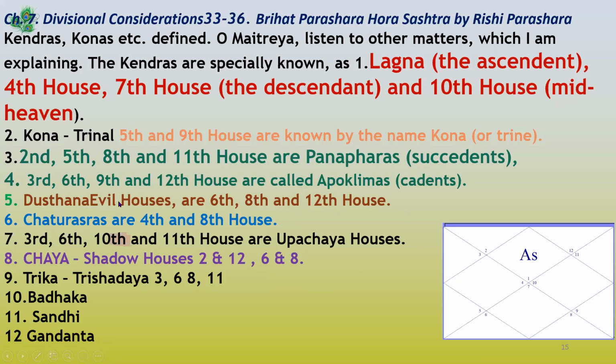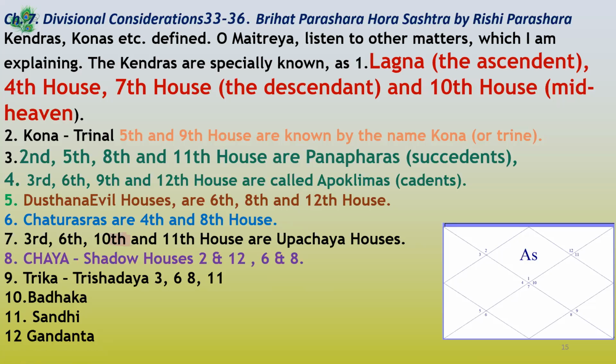Then we come to the Dushtana or the evil houses, which are nothing but the 6th house, 8th house, and 12th house. Again, the Karaka for this is Mars and Shani. We haven't done the Karakas, but it's again a concept which doesn't exist in the Western. And Karaka is nothing but somebody who's a doer.